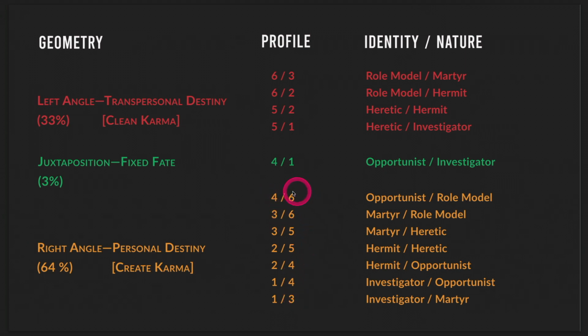This is really the end of the personal process in many ways. The 4-6 is going to bring a very specific perspective to the subjective, personal, lower trigram experience, if you will, because they actually have upper trigram lines in this sort of right angle or personal destiny roles.